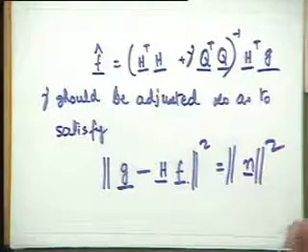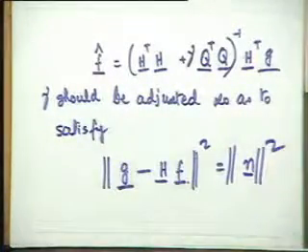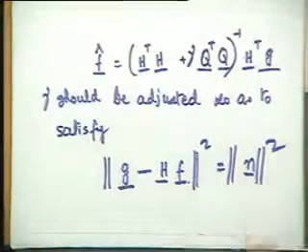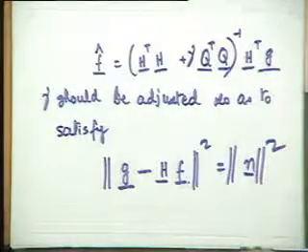So that means our gamma must be adjusted. Now what will gamma adjustment give? If we adjust gamma, we are going to find a new value of F hat, and that new value of F hat we will put here and see whether we are fulfilling this criterion or not. If G minus HF hat square is equal to n square, or very very close to n square within some reasonable accuracy limits, then we stop our iteration there.